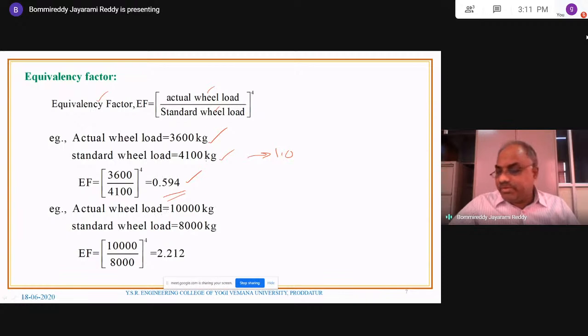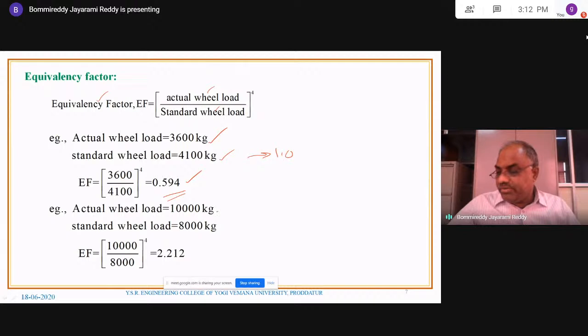The effect of the lower load is much less, almost 40% reduced, but the ratio is not that 40%.